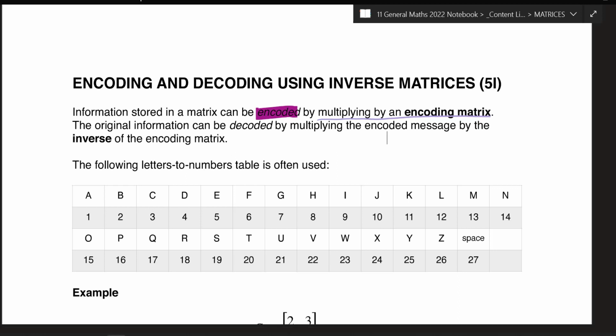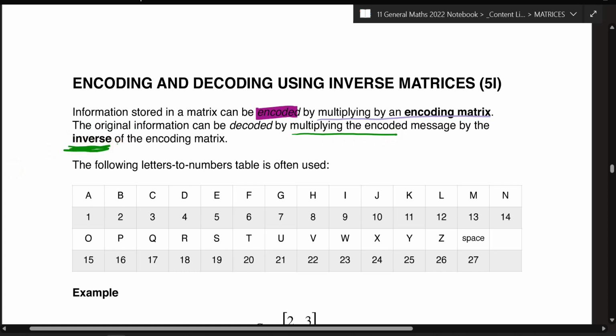And what happens there is that the original information becomes mixed up. And so therefore, if you want to decode the message, you need to multiply the encoded message then with the inverse. So we've learnt about this guy here before, the good old inverse matrix. Very important that you understand how to get the inverse.